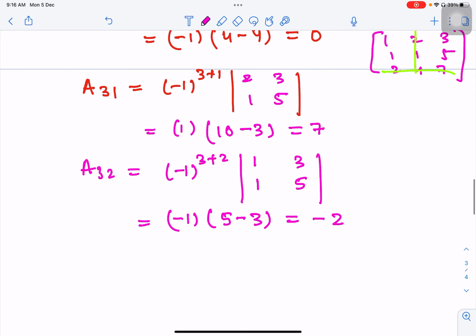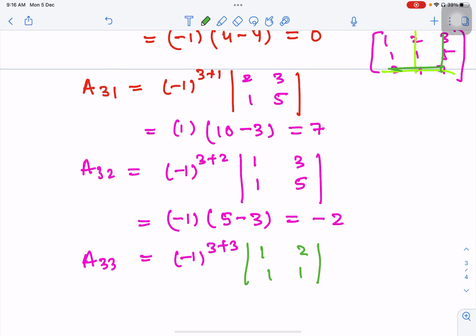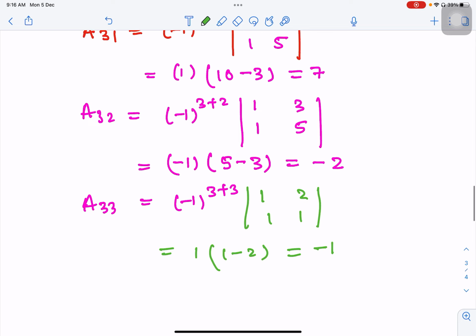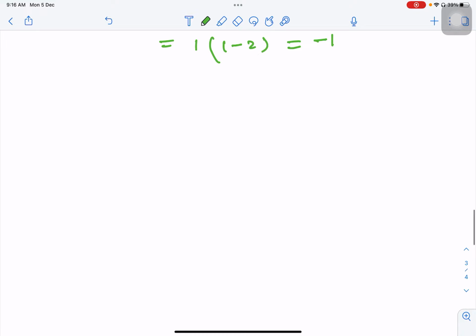Then at last, we'll have A33, which is nothing but -1 raised to 3 plus 3. We delete the third row and the third column. So we remain with 1 2, 1 1. That will finally give us, this is positive, 1 minus 2, which will give us -1. So now finally we have the answers of A11 to A33.